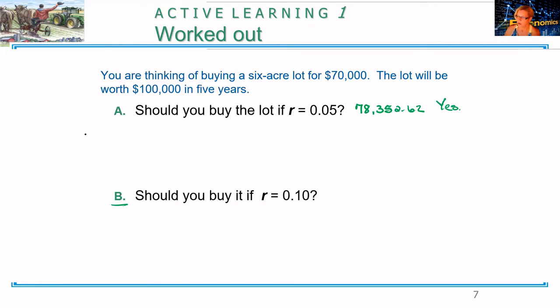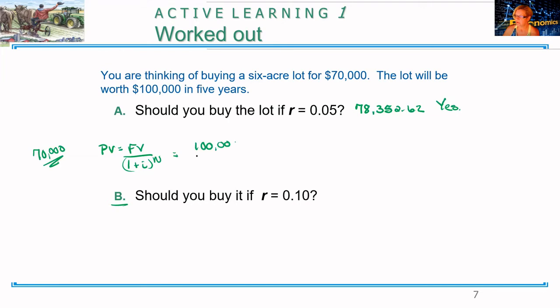So again, we're going to use 70,000 as our check figure over here. And we're going to say that the present value is equal to the future value over 1 plus the interest rate to the nth power. I'll show you this one a little differently. So now I'm just dividing. Our future value is 100,000.